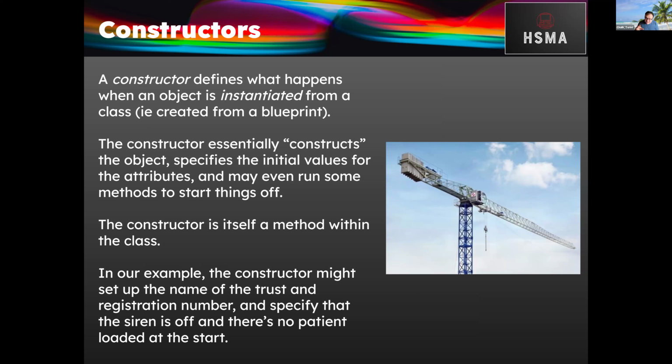What the constructor does is it puts one of these objects together, it assembles it, and it will specify the attribute values that it should have at the start, when it's first created at its inception. Sometimes it might even run some particular methods when that object is first born, if you like. And the constructor is in itself a method that lives within the class. You'll see how that works in Python in a moment.